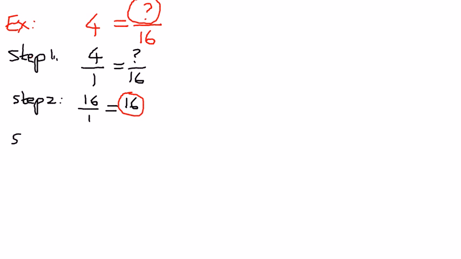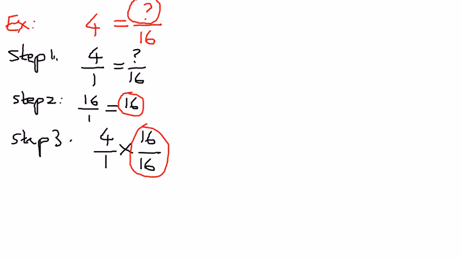So as step number 3, we're going to take the given fraction, which is 4/1, and then multiply by 16 and divide by 16, like that. This is the number we're going to multiply and divide by.